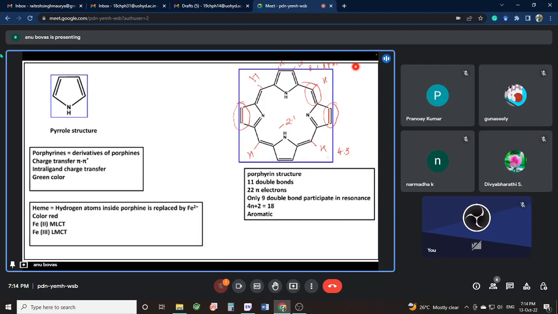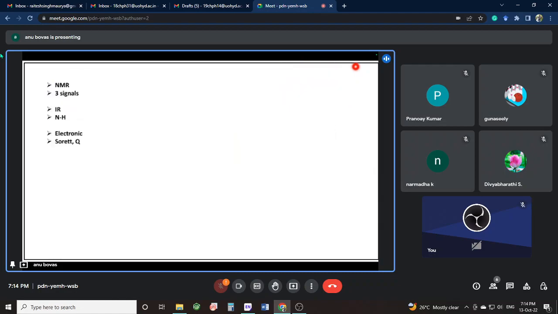And the other important thing is electronic spectroscopy. So here, we have sigma bond, pi bond, and non-bonding. If I draw levels: sigma, pi, n, pi star, sigma star.